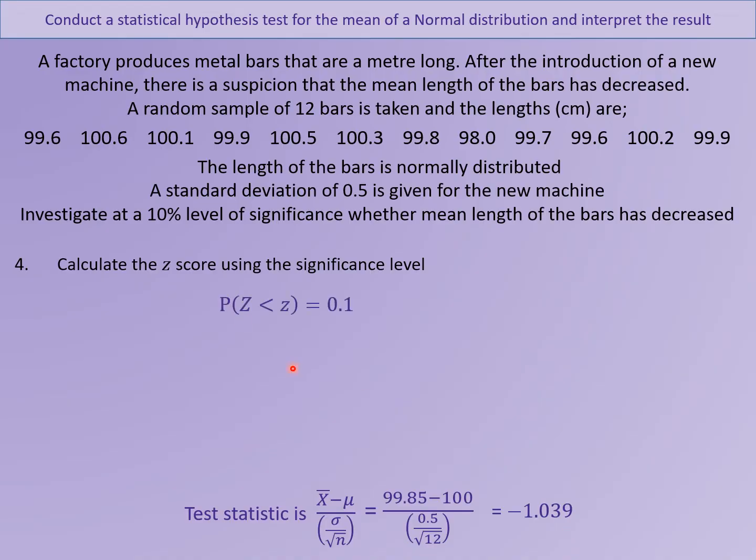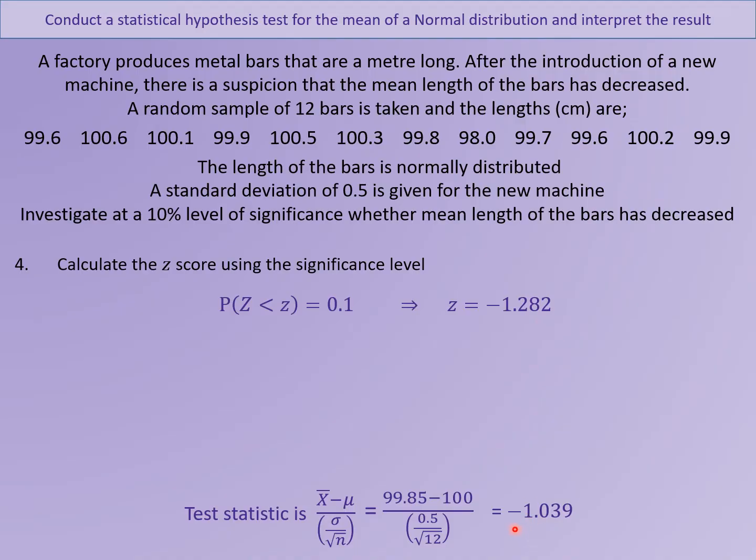Because it's a Z-score, that means the mean is 0 and the standard deviation is 1. So I can type that in my calculator, type in 0.1, what's the probability of 0.1, and your calculator will tell you the answer for the Z-score is minus 1.282. This had to get as far down as minus 1.282 for me to reject the null hypothesis.